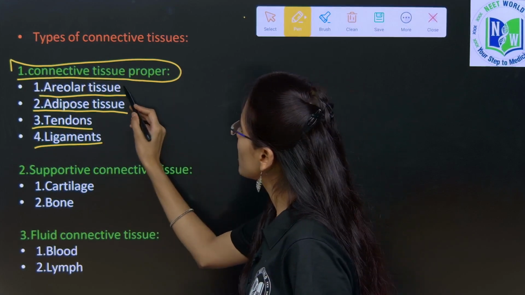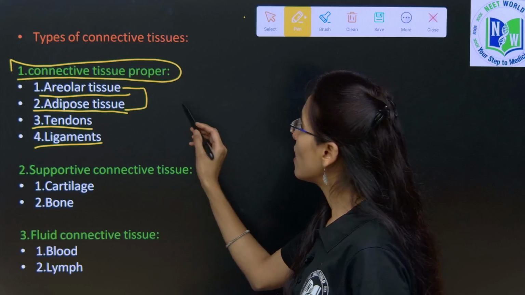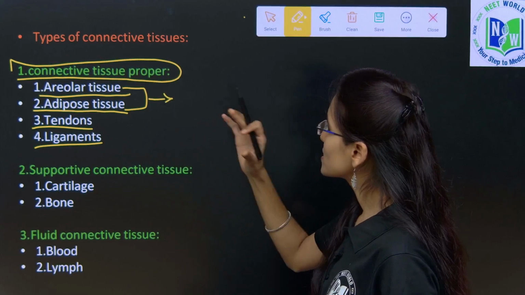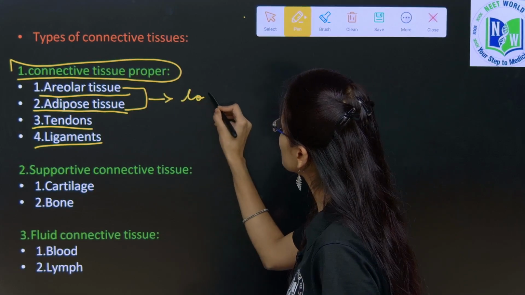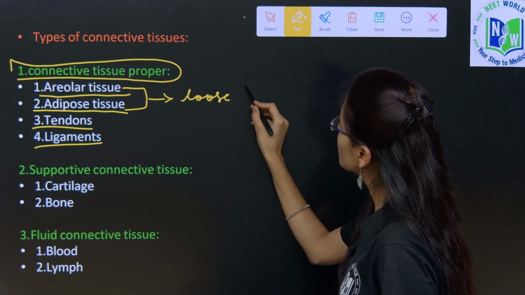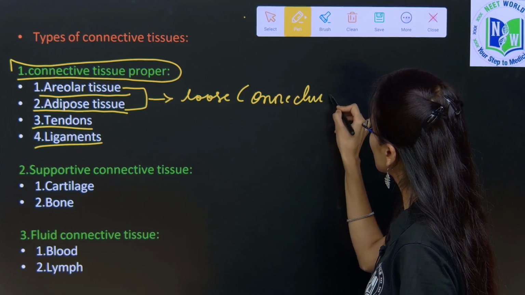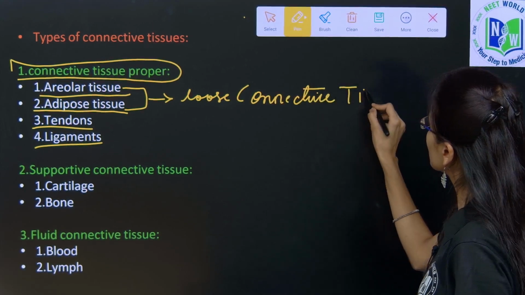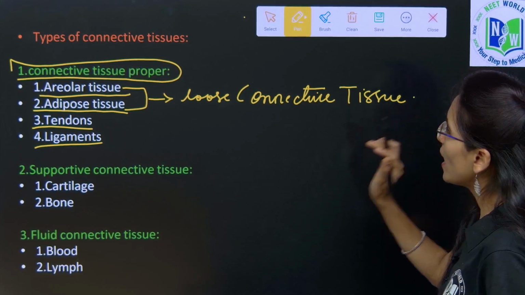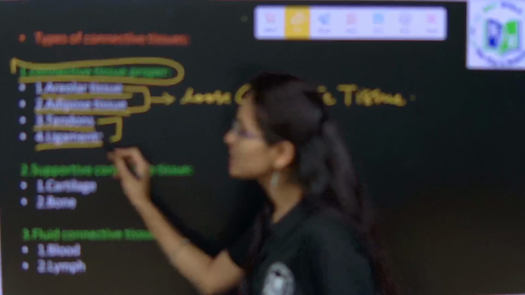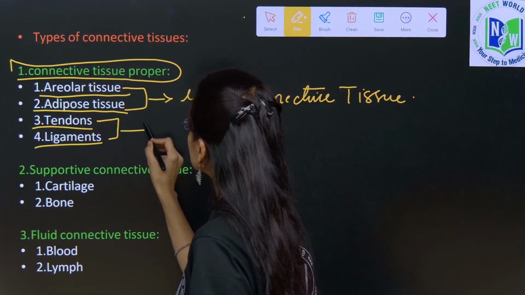The areolar tissue and adipose tissue are classified under loose connective tissue. And tendons and ligaments are classified under dense connective tissue.